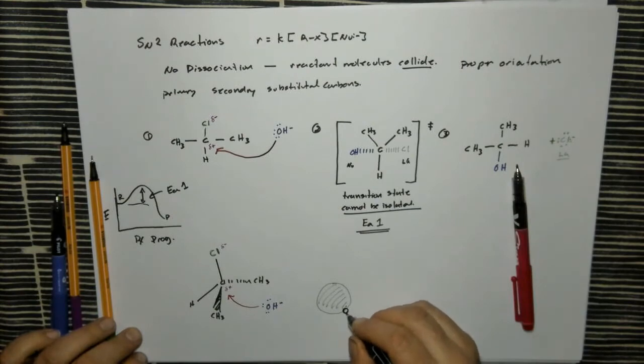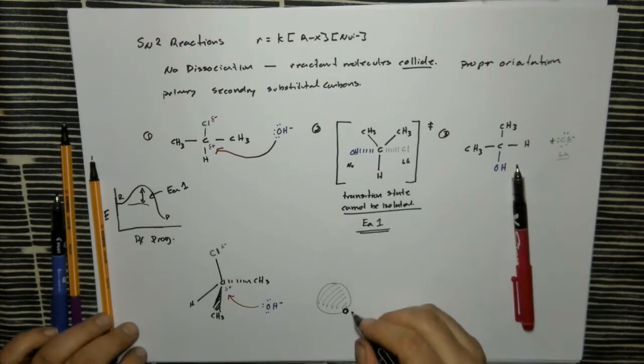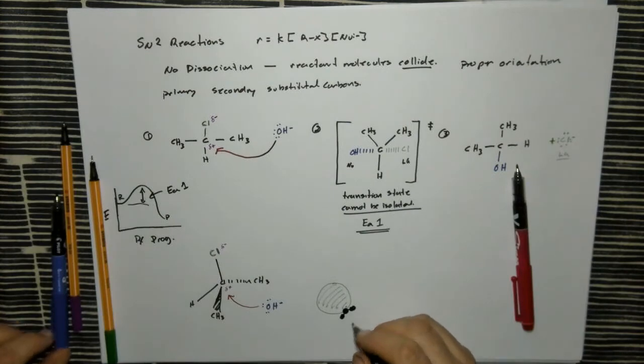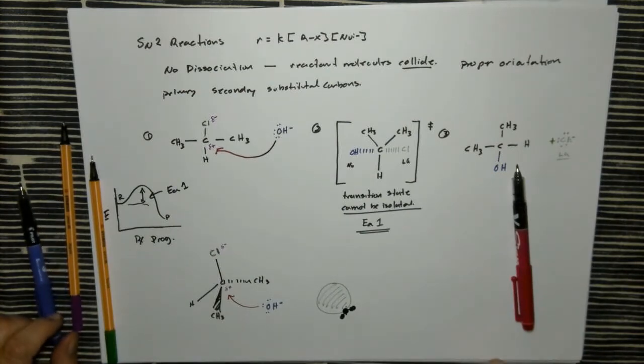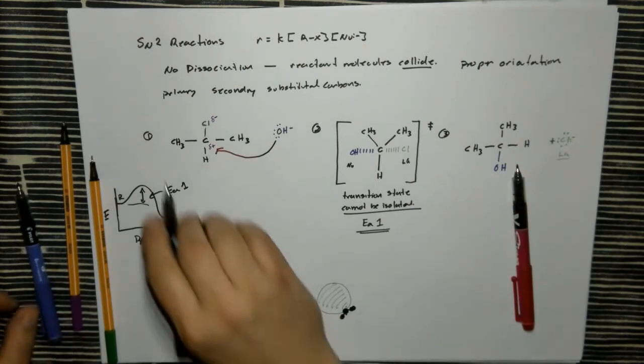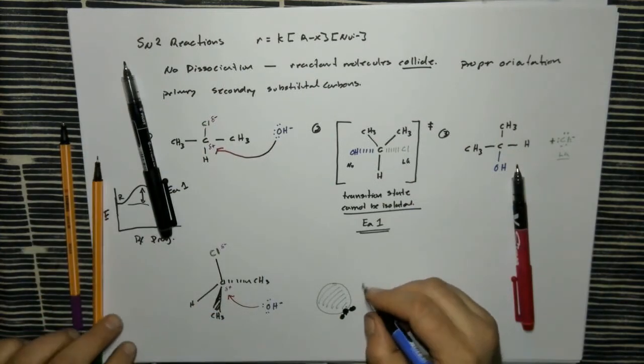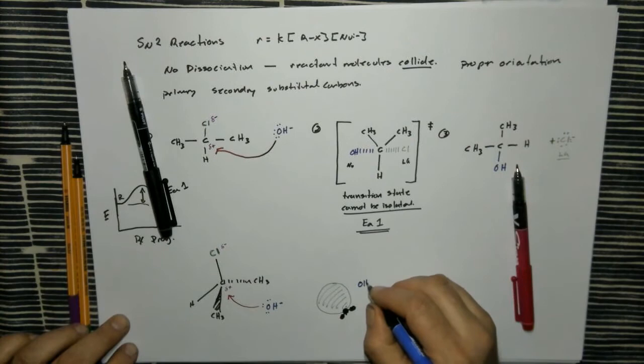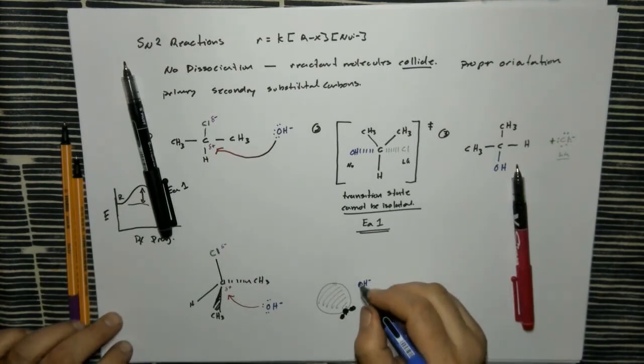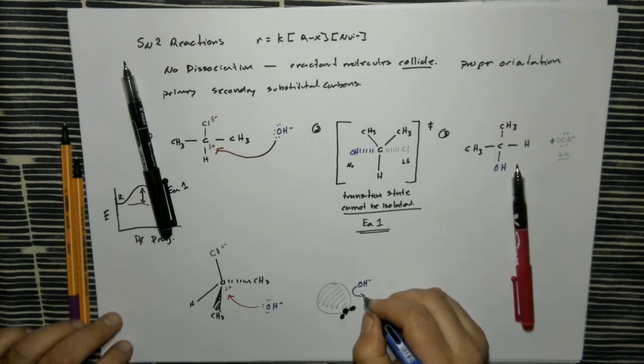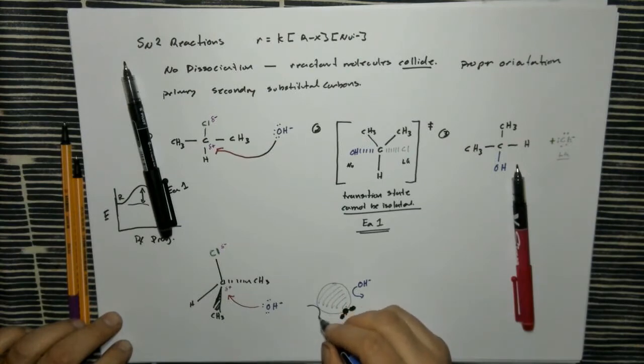It has a much larger radius, and so the carbons that are attached here and the methyl groups, I'm going to draw the sticks, but I can draw it like this too. It's going to be straight, and the hydrogen is going to be just a tiny little thing here, right? And so anytime the OH wants to approach this particular molecule, it's going to be repelled by this really large chlorine.